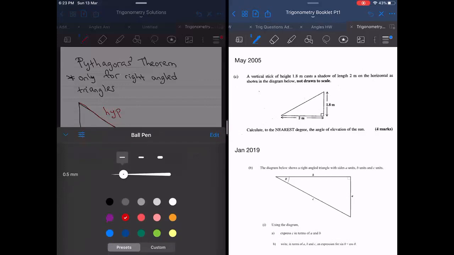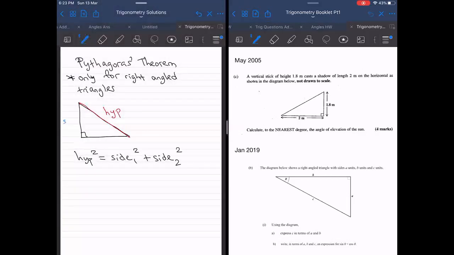And then it doesn't matter which side you put first, I'm going to call this side 1 and call this side 2. Now this formula is not on the formula sheet, which means you need to make note of that as something to remember.